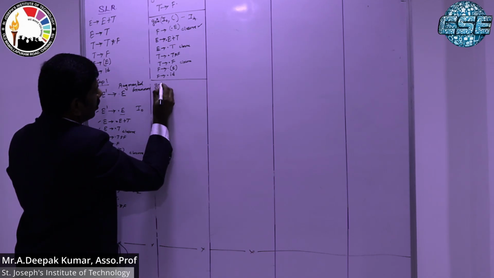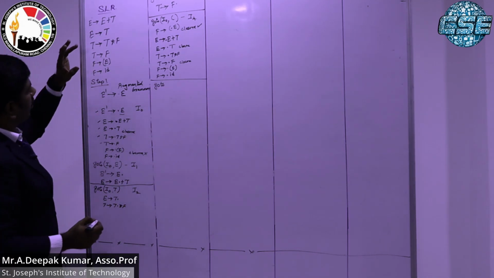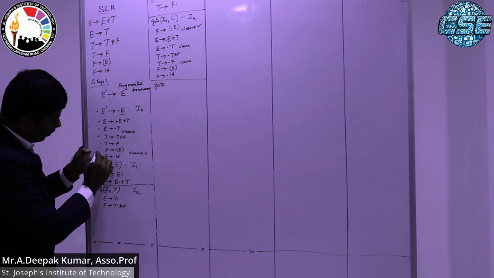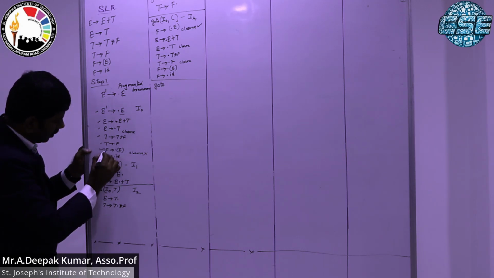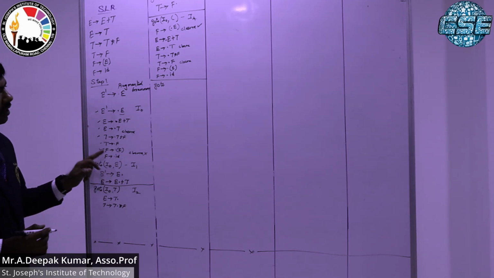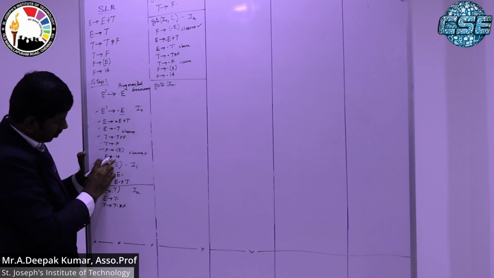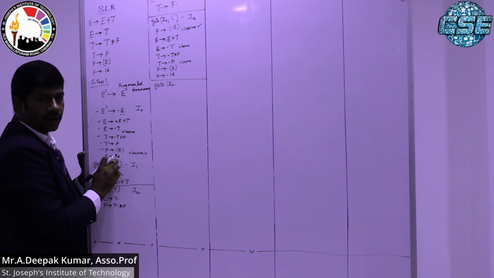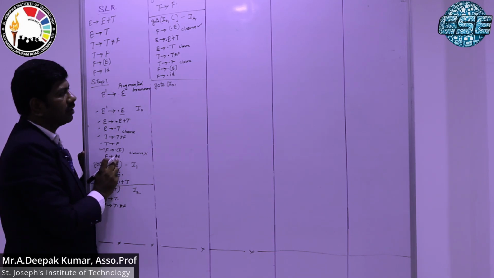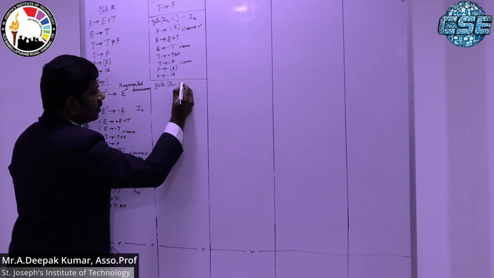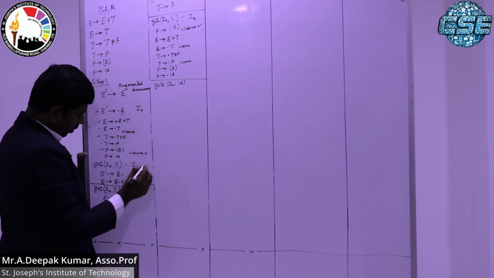Next, go to of. Now we are done with F, that is open braces. Next is F derives dot ID. So what I will do is go to of I0 comma ID, since after the dot we have the symbol ID, which is a terminal symbol. Now what happens?